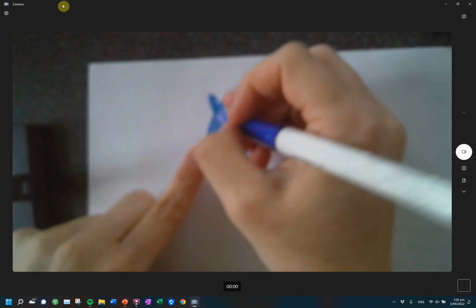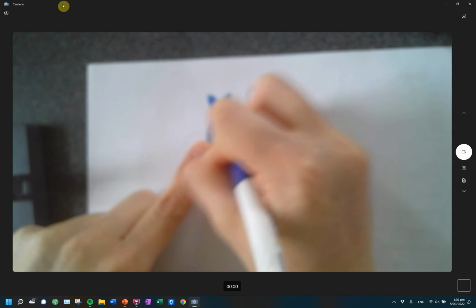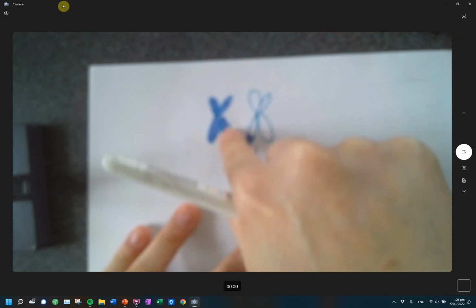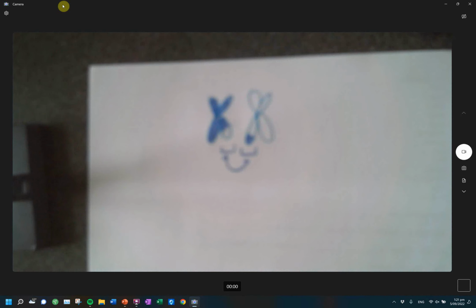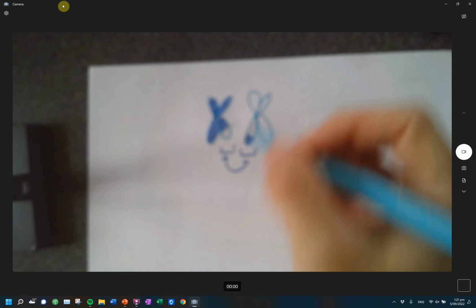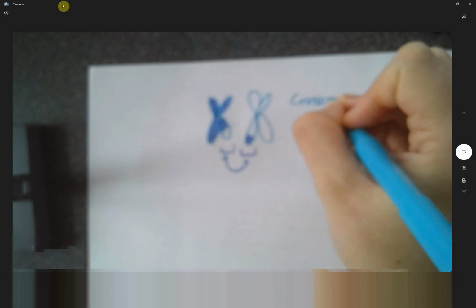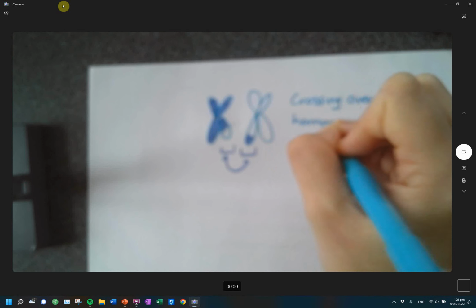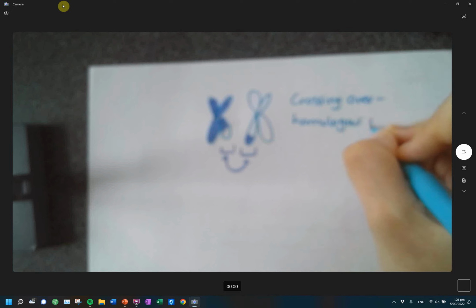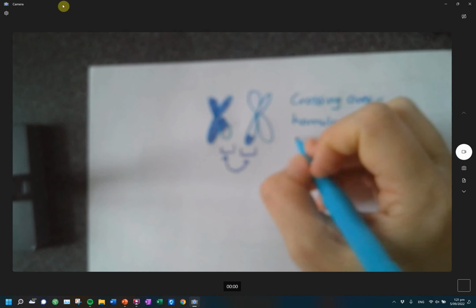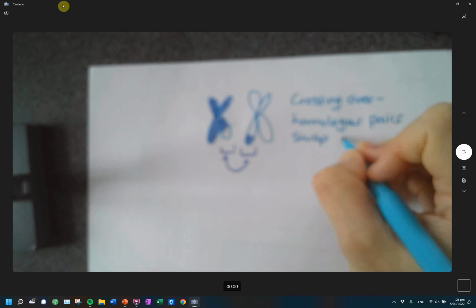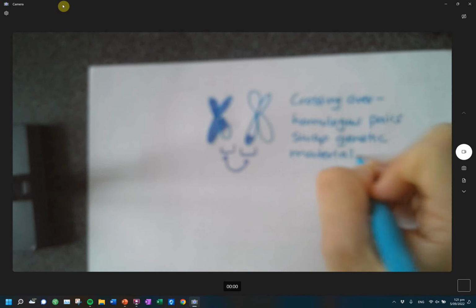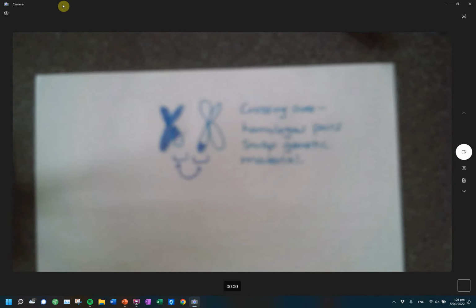So some of this will come off and get attached to this one, and some of this one will attach to that one. That's crossing over. And this is another source of variation.